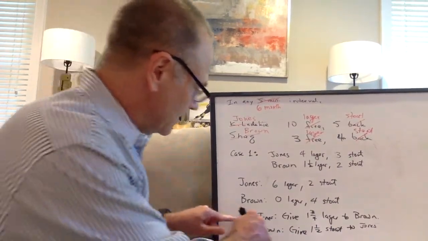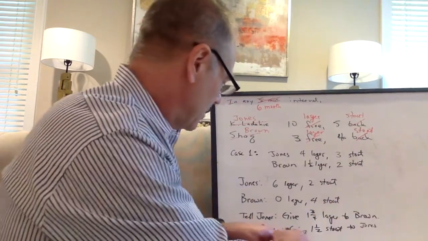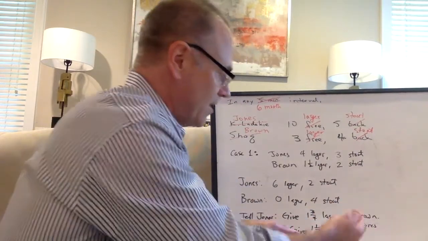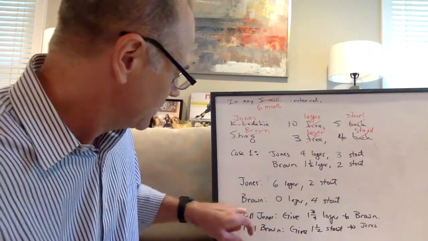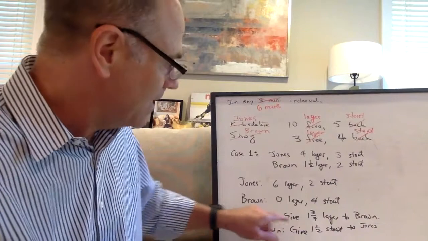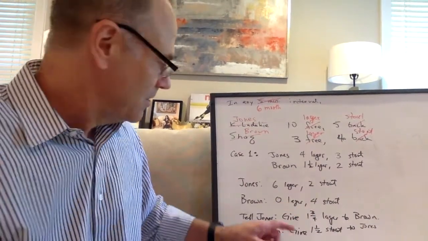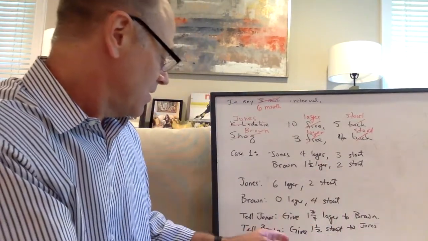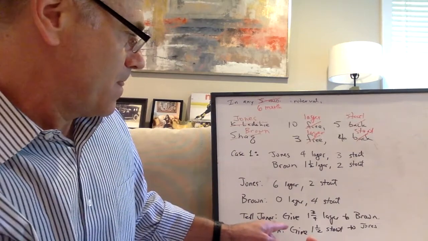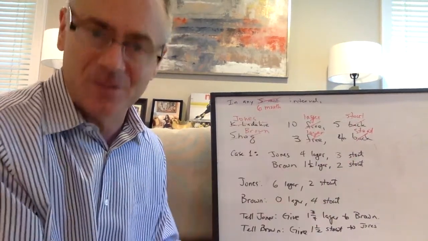We said tell Jones give 1 3/4 to Brown, telling Brown you must give 1.5 to Jones. But it's exactly the same. We said, hey, trade. We say, Jones, trade 1 3/4 of your lager for 1.5 gallons of Brown's stout. Okay, trade those amounts.